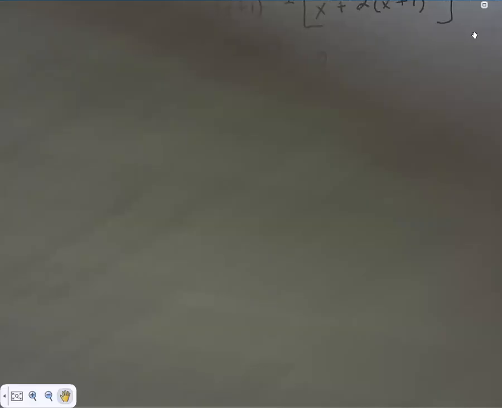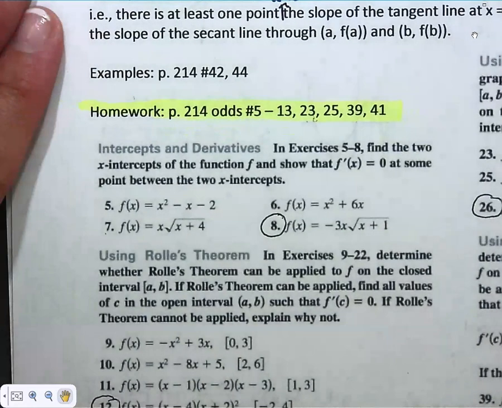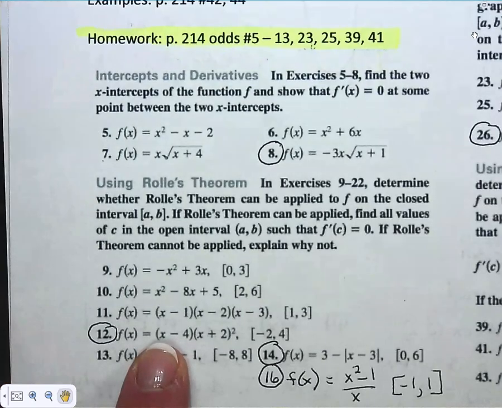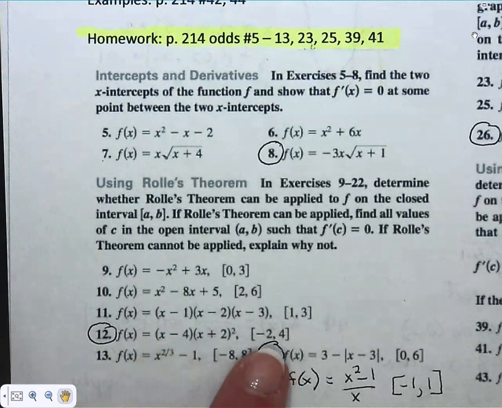Here's what we're asked to do. Determine whether Rolle's theorem can be applied to the function on the closed interval given. This closed interval is -2 to 4. If Rolle's theorem can be applied, find all values of c in the open interval from a to b such that the derivative is 0. If Rolle's theorem cannot be applied, explain why not.